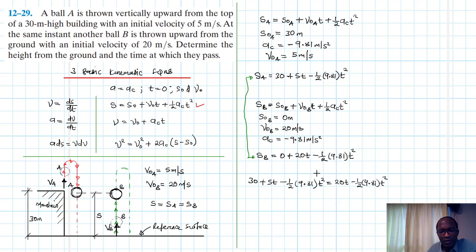So this part and this part can go, right? What do we remain with? We just remain with this. So this 20t can go to the other side. We'll have 30 is equal to 20t minus 5t. Therefore, we have 15t equal to 30.